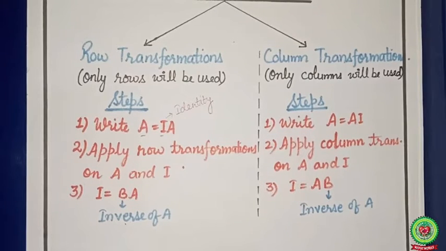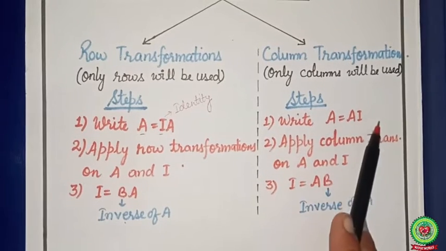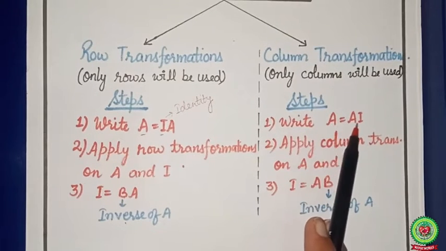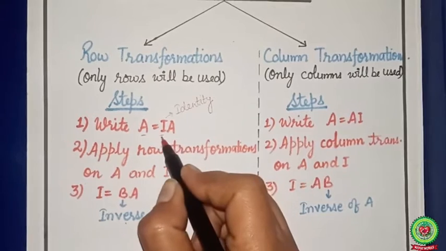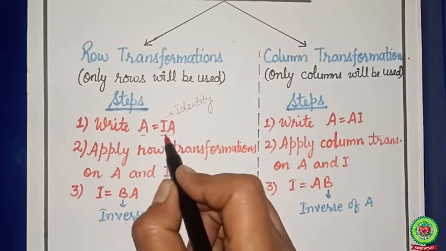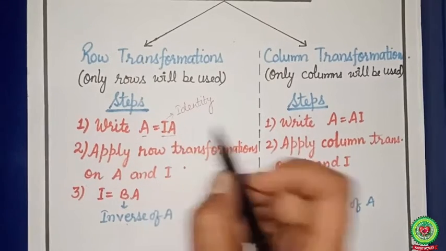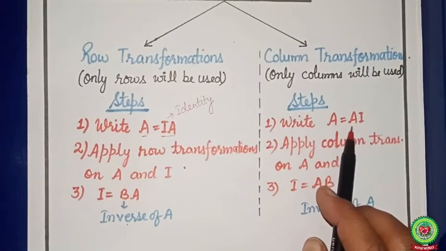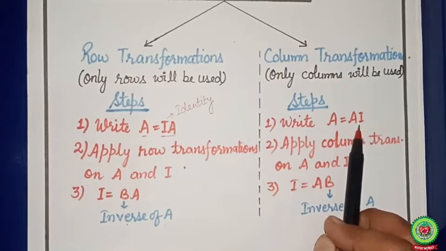Similar steps are there in case of column transformation also. Here, first step we will write A as A into I. This is the difference in this case. Earlier I into A was there, but here we have to multiply A with I. Again same thing, A is the given matrix, I is the identity matrix.